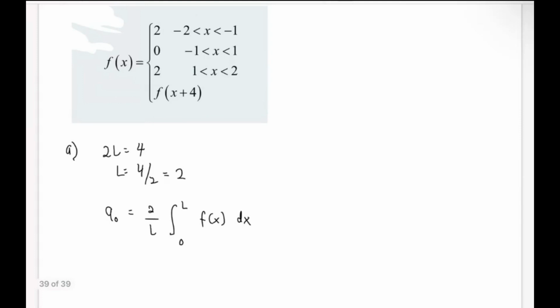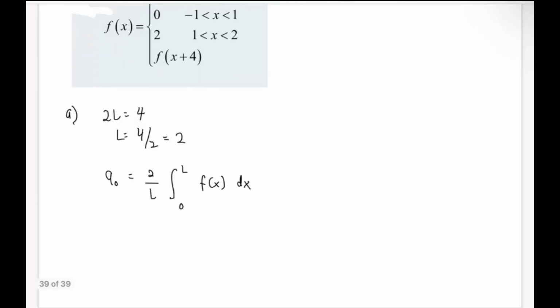Because this is a piecewise function, we are going to integrate from 0 to L. You look at the ranges: here the range is from -2 to -1, here from -1 to 1, and here from 1 to 2. So we need to integrate 2 divided by L, L is 2, from 0 to 2 of function f(x).